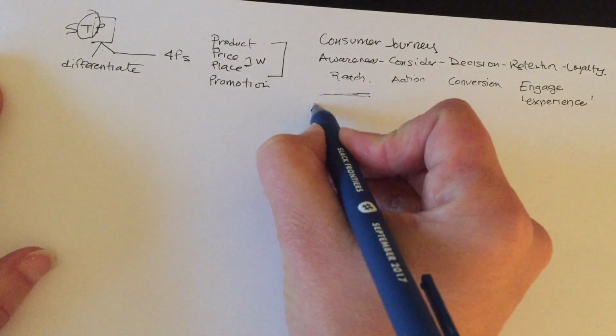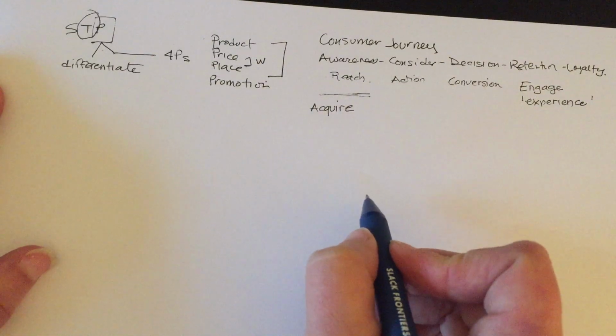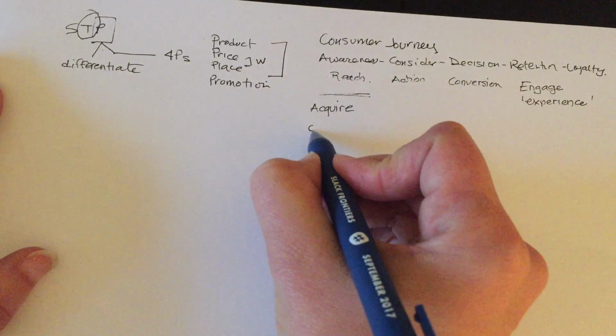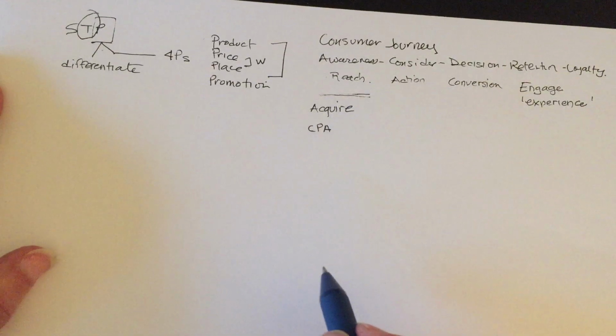How do we create or acquire customers? And in terms of the metrics, we're going to look at our cost per acquisition. How much does it cost us to acquire that customer?